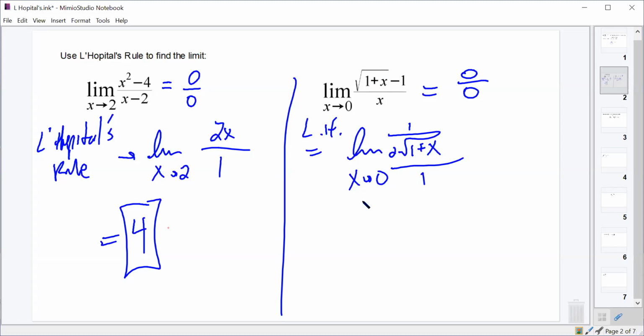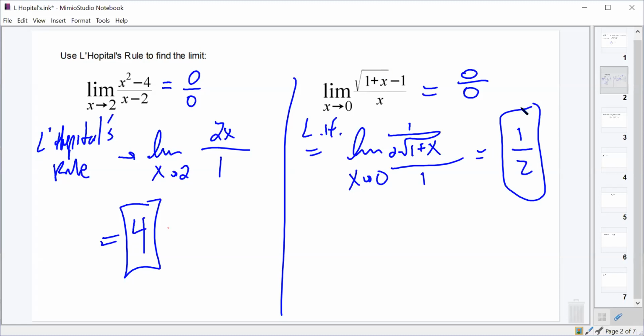So when you plug in 0 now, what do you get? 1/2. So as long as you can take the derivative fairly easily, you should be able to get this limit very quickly. Probably easier than multiplying by the conjugate and canceling stuff out and simplifying and then plugging in 0. Would you guys agree? Probably easier this way?